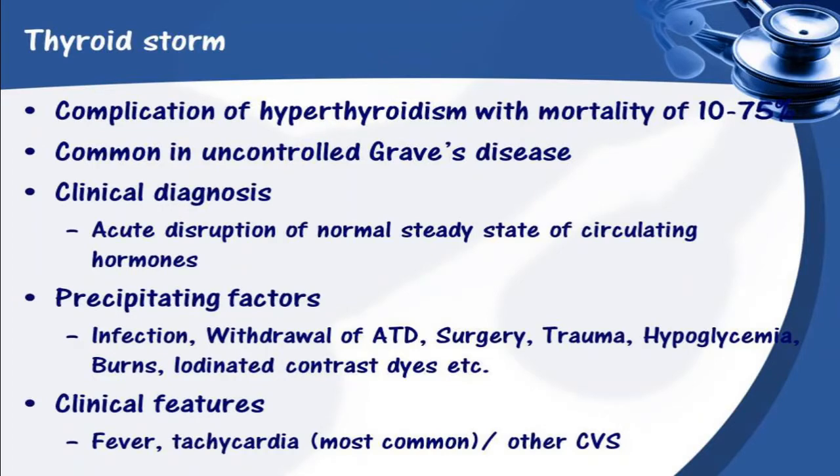So, thyroid storm is a term that is indicated in thyroid diseases, where it manifests as a complication of the hyperthyroidism with a mortality of 10 to 75%, and it's common in uncontrolled Graves' disease. Clinical diagnosis is acute disruption of normal steady state of circulating hormones.